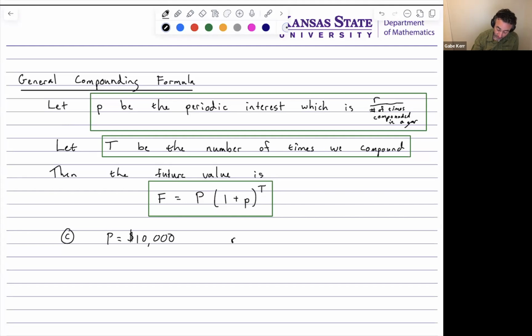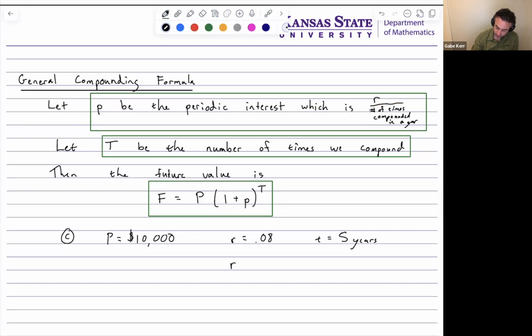The rate, or the APR, was 0.08, and the term was the same, 5 years. So what's different here is that we're compounding every month. So what we need to do is calculate lowercase p, which is the periodic interest. The periodic interest is given here as the rate divided by the number of times compounded in a year.